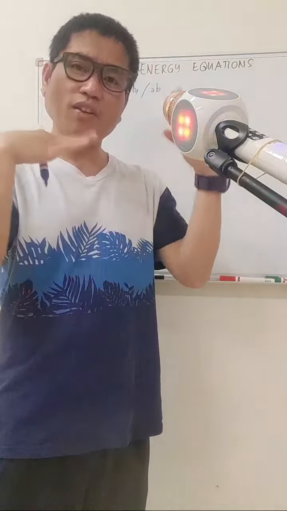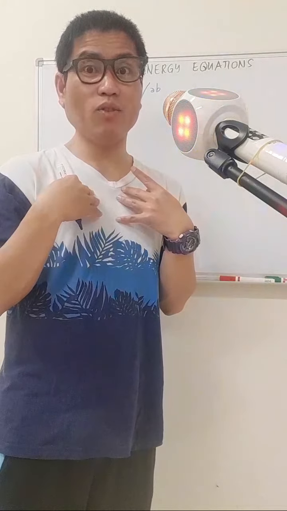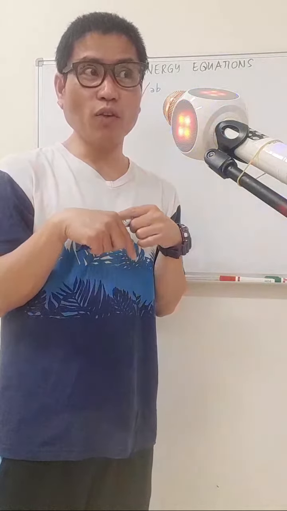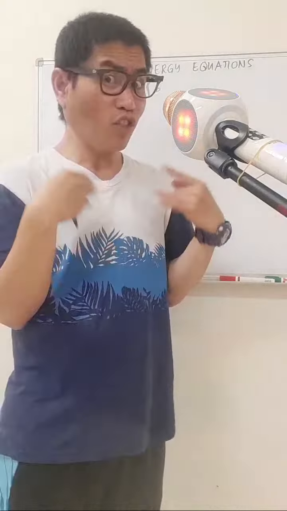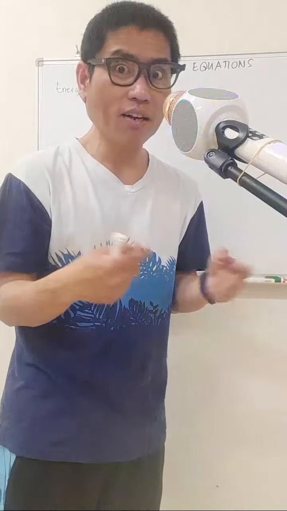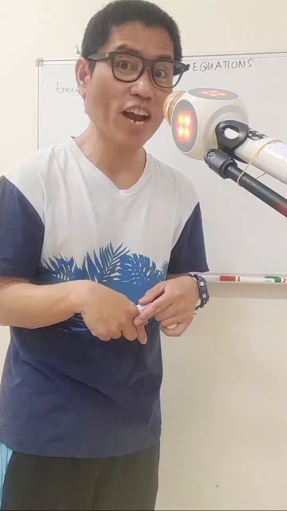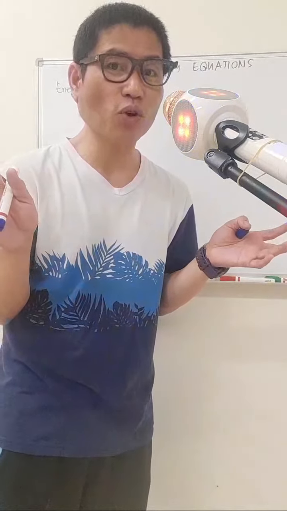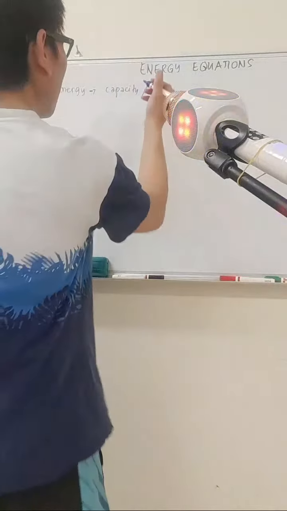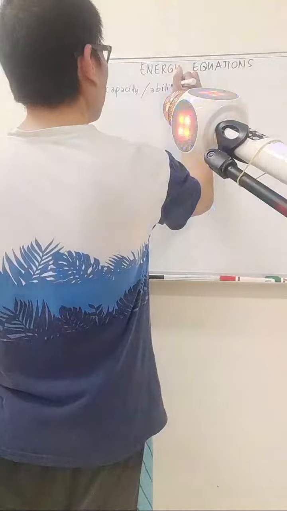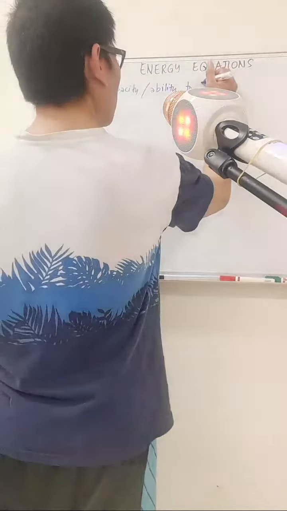You can understand that it's linked with each other. If you have the capacity, then of course you have the ability to do that. Because if you don't have the ability to do that, then you don't have the capacity to do that. Right? It's very easy to understand and comprehend, right? Any questions so far for the term? Okay, capacity and ability are directly related to each other. So, capacity and ability to do work.